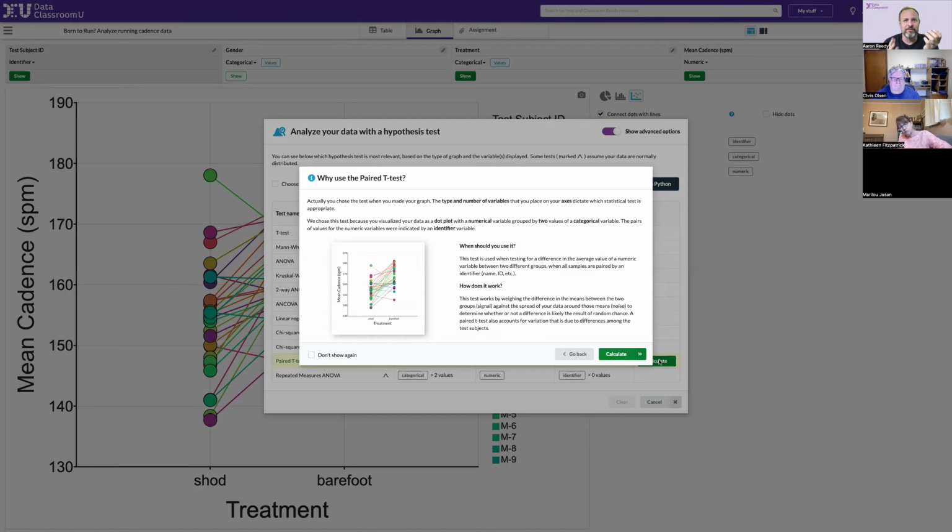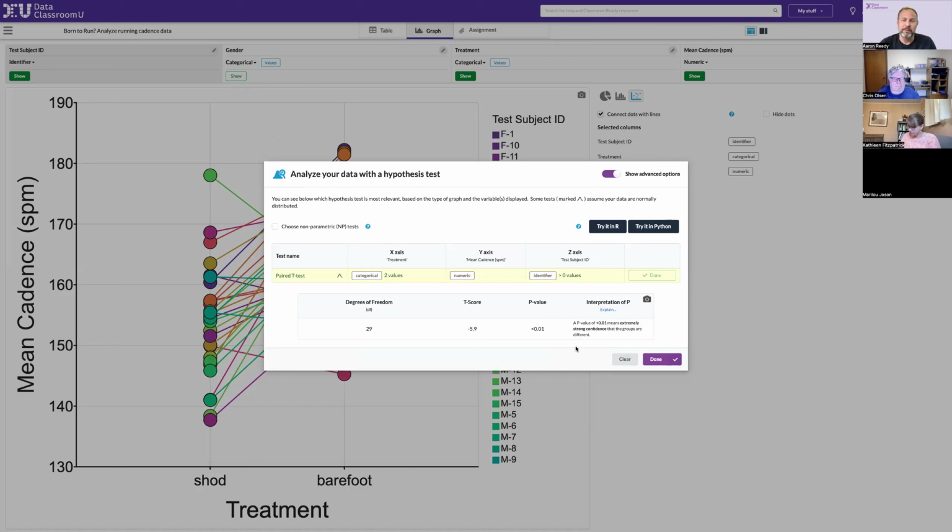You want to know if there's a difference between two groups, but the samples are paired by an identifier, and it's taking into account how much of the variation is due to just differences between people. And so it's sort of factoring that out mathematically. So again, in the end, it gives us a p-value.